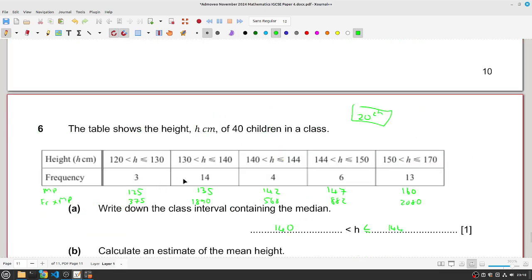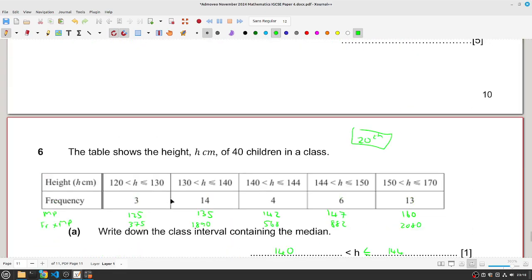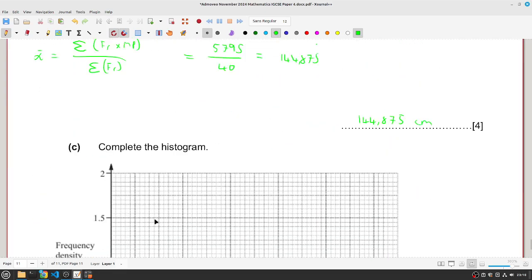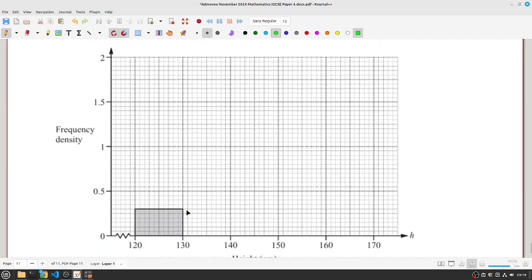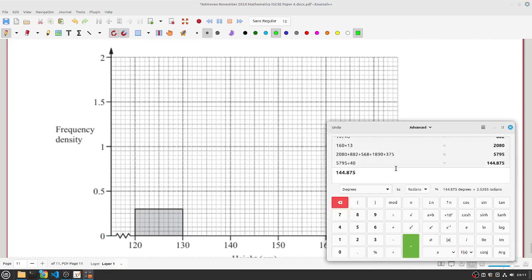To find the frequency density, you take the frequency divided by the class width. How far is it between 130 and 140? That's 10. So we take the frequency, 14, divided by the class width, 10, which is 1.4. We have to draw this all the way up to 1.4. 0.4 divided by 0.05 is 8, so we go 8 little blocks up.